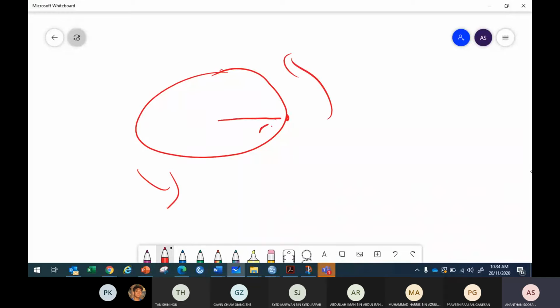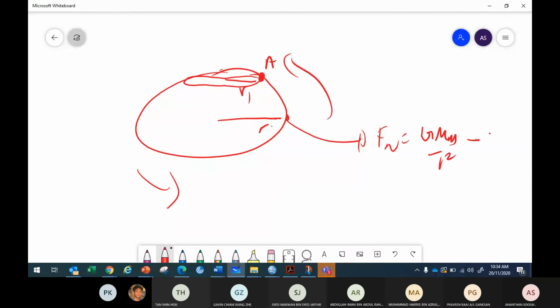At the North Pole, if you are here at point A, the rotation cycle is only here, the radius gets smaller. Radius of rotation. So for this, the normal force equals GMm over r squared minus m r omega squared.